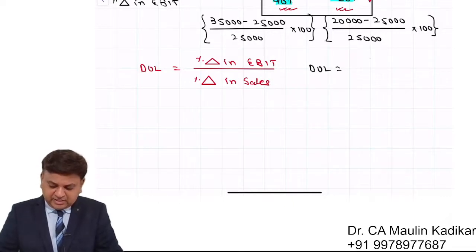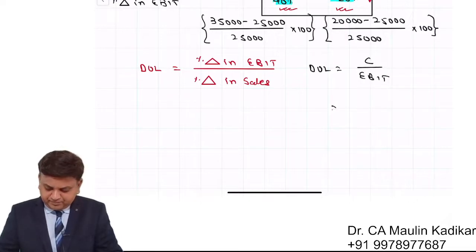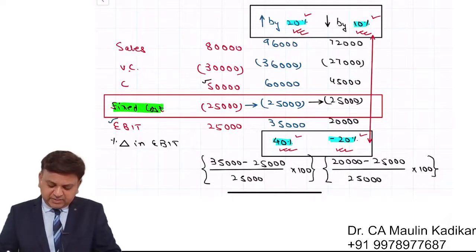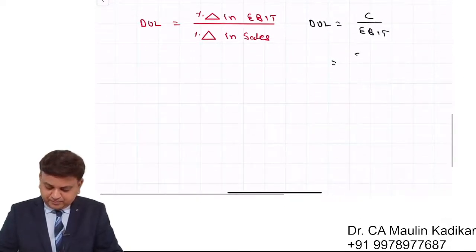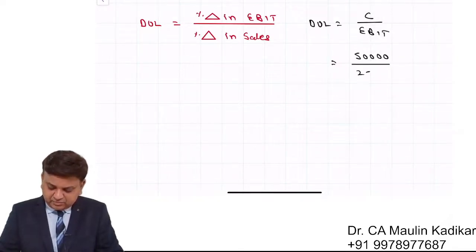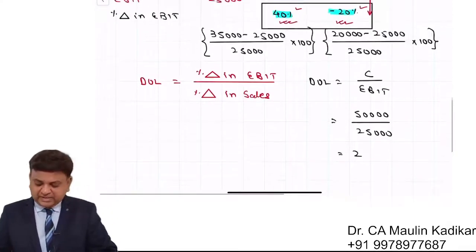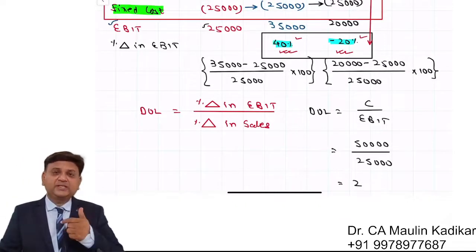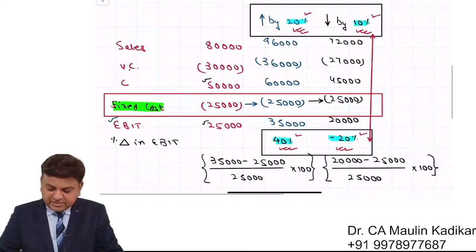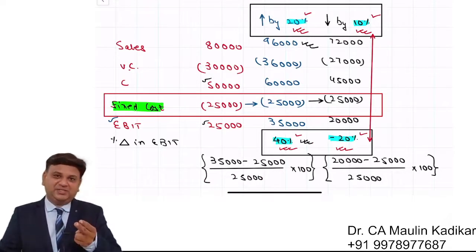DOL is calculated as contribution upon operating income. Contribution is 50,000 and operating income is 25,000. So it is 50,000 divided by 25,000. So the degree of operating leverage is 2. How do we understand the DOL value 2? It means for every 1% change in the sales, operating income will change at the rate of 2%.